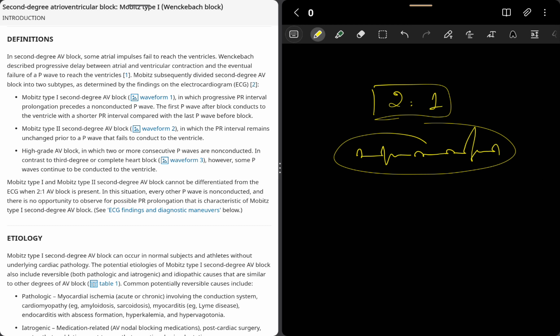In this, you don't get an opportunity to observe for possible PR prolongation, which is characteristic of Mobitz type 1 or Wenckebach. So you don't get to see whether the PR interval is getting prolonged or not, because this 2:1 AV block is in action. So you miss the opportunity to determine which type of Mobitz block it is.